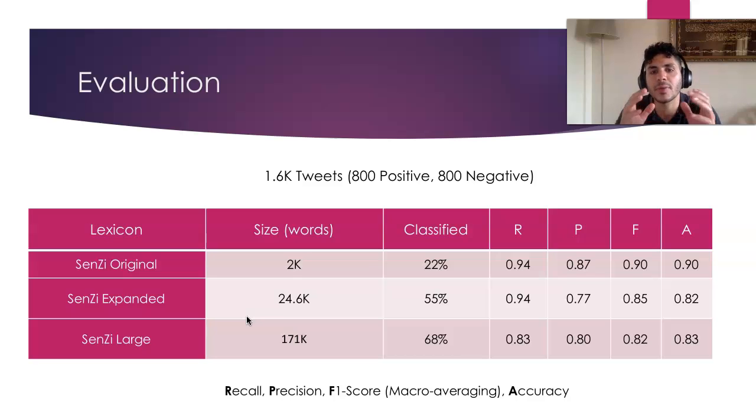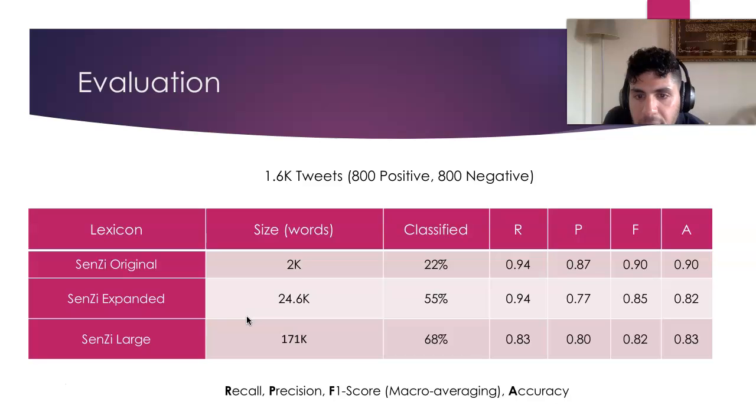Right, so in the evaluation, we have two steps. First, we look at whether the tweet was classified, yes or no, and only if classified, we look at the result of the sentiment analysis. We can tell that the original lexicon only classified 22% of the dataset, and the new Sensi large, the one we just developed, classified 68%.